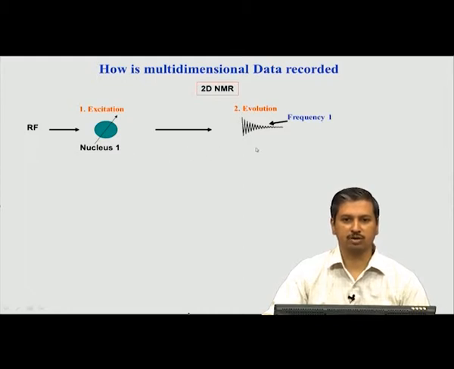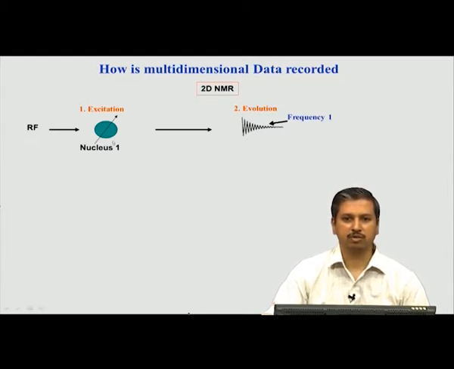Remember we saw the J coupling can be 2 bond or 3 bond in the case of proton, whereas in the case of carbon and hydrogen it is 1 bond. Right now let us focus only on hydrogen to hydrogen coupling, because for carbon you cannot do it with the scheme which I am showing now, for that you need a slightly different scheme. So, we will now look at only the proton to proton correlation.